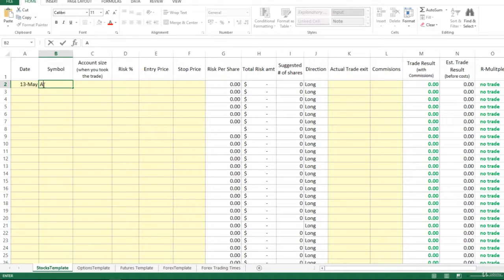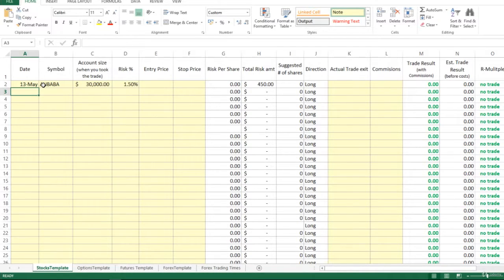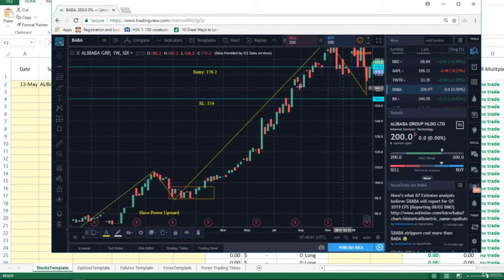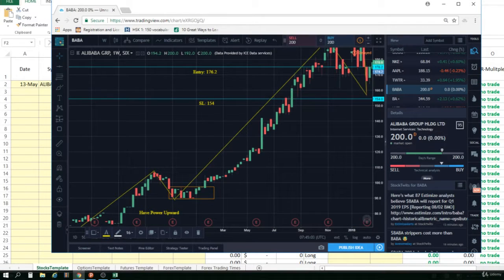Account size is again 30,000, and we are willing to risk 1.5%, for example, which is $450 of our money. So our entry price would be 176.2, and the stop loss 154.